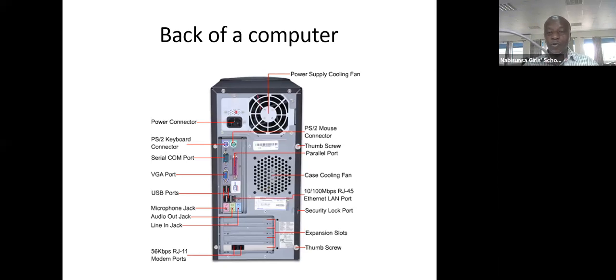At home, we have what we call a local area network, but when you move out to connect to the world, then we are using the wide area network or the internet.